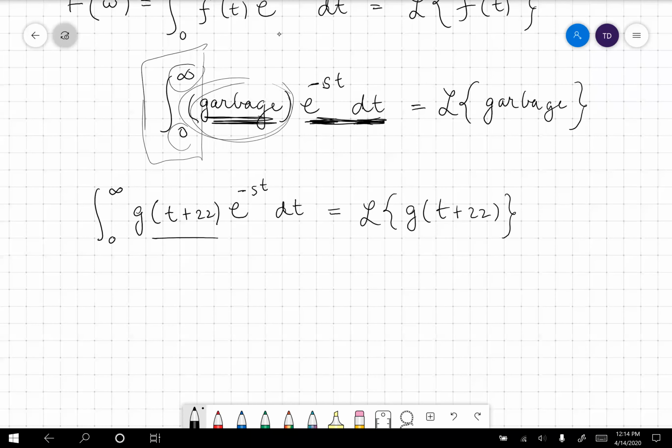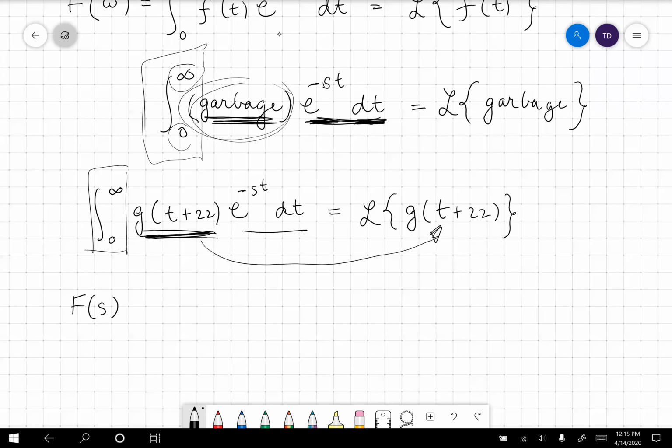So this can change, and as long as all this remains fixed, this integral is the Laplace transform of whatever I've underlined.